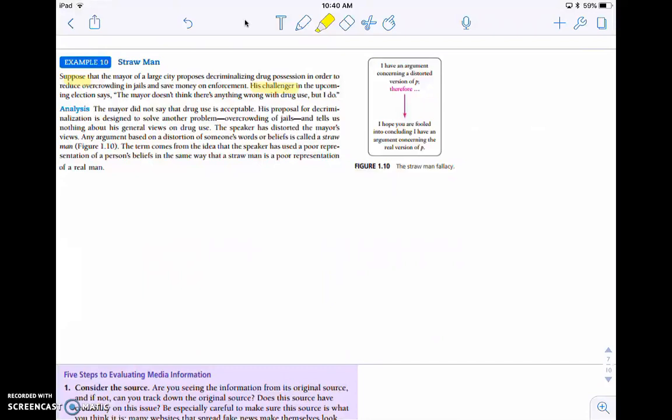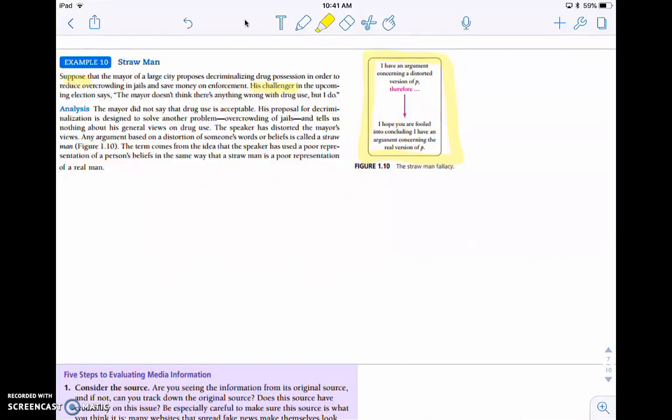So pretty vague there, and again, this little box will help us out. I have an argument concerning a distorted version of some claim P, therefore I hope you are fooled into concluding I have an argument concerning the real version. So you distort what you're talking about, and then you hope to reshape them into believing your conclusion.